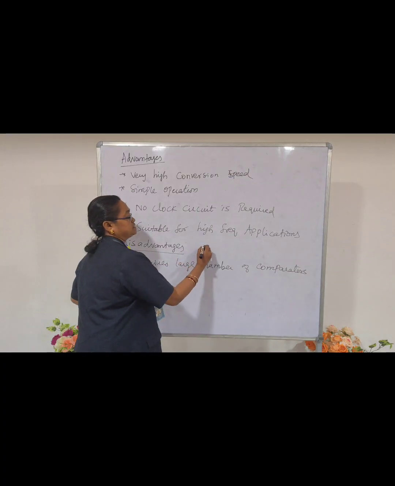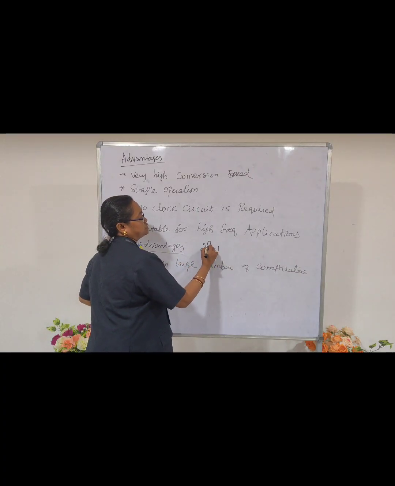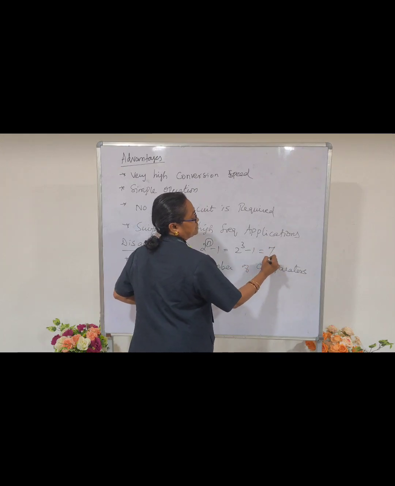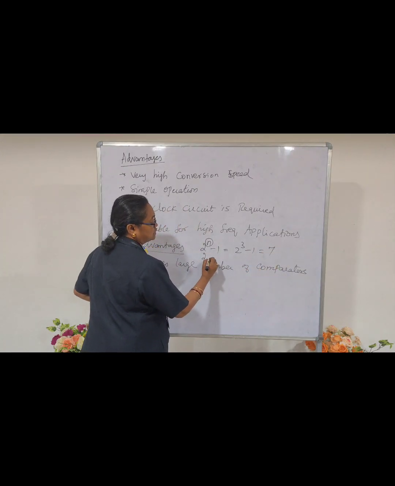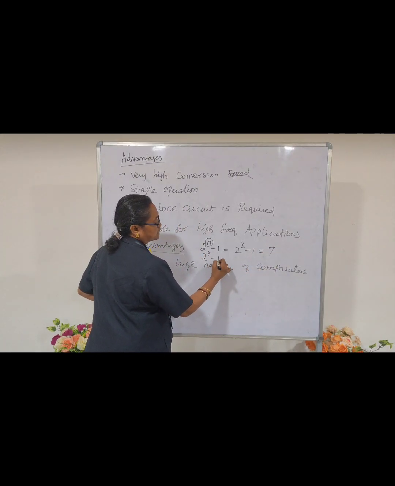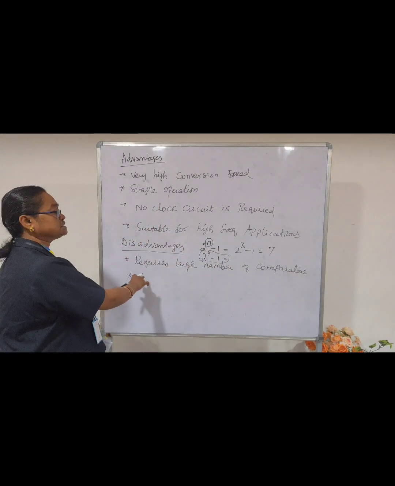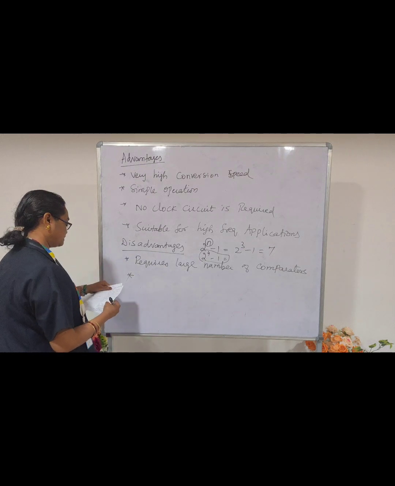Suppose if it is 3 bit, it means 2 power 3 minus 1, that is 7 comparators we need. Suppose if it is 4 bit, it means 2 power 4 minus 1, so this many comparators we need. So it requires a large number of comparators.